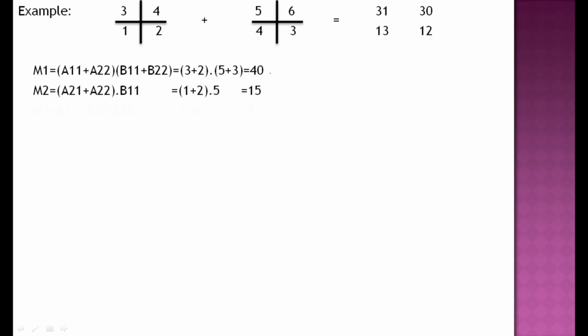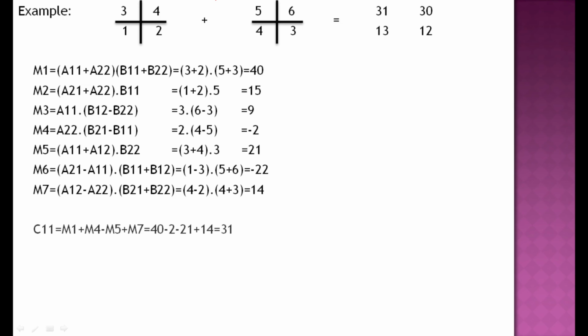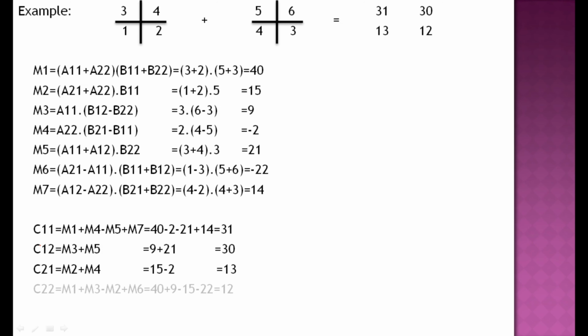Similarly for m2, m3, m4, m5, m6, m7. Up to here we perform the multiplications and we get these outputs. For getting the real output, that is C11, C12, C21 and C22, we get the values 31, 30, 13 and 12. By normal multiplication we also get 31, 30, 13 and 12. Here also we get the same values.